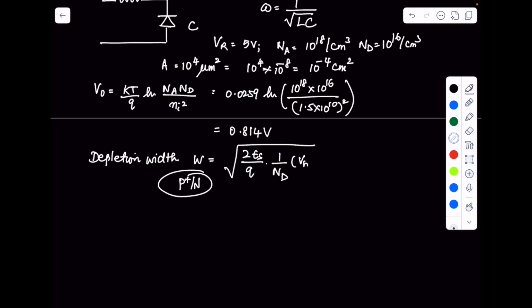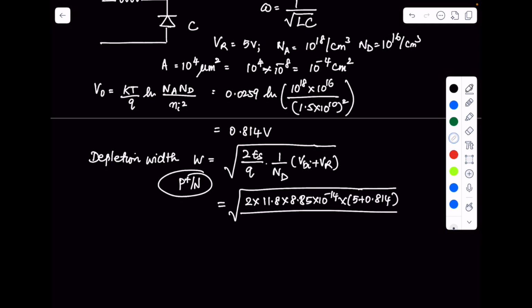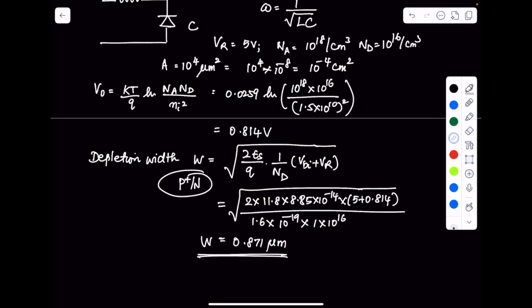So again, this would be 2 times 11.8 into 8.85, 10 power minus 14 into 5 plus 0.814 divided by 1.6 10 power minus 19 into 1 into 10 power 16. Right? And this works out to 0.871 micron. So this is the depletion width of the diode at a 5 volt reverse bias.